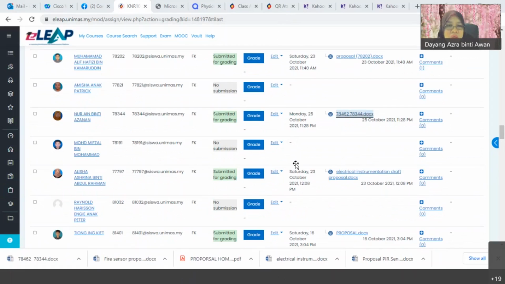Nur Ain, rain alarm sensor. Sama juga macam kawan ni tadi. Okay, so you boleh buat rain sensor ni Ain, and then tapi you change the topic.